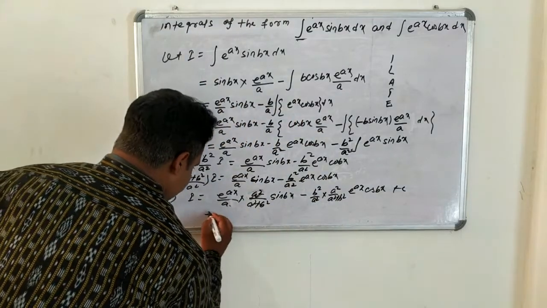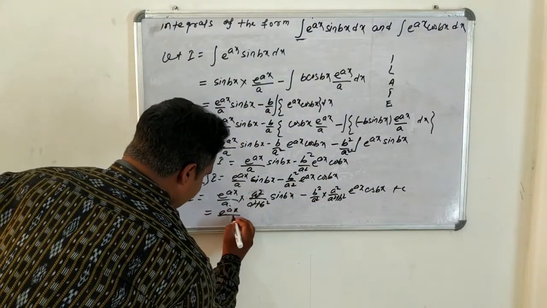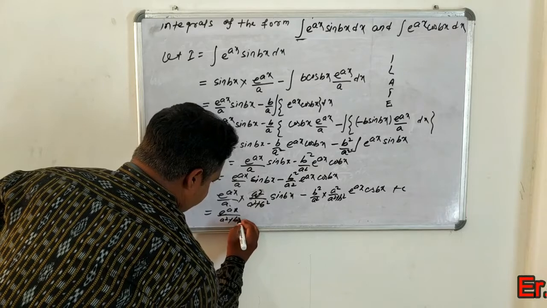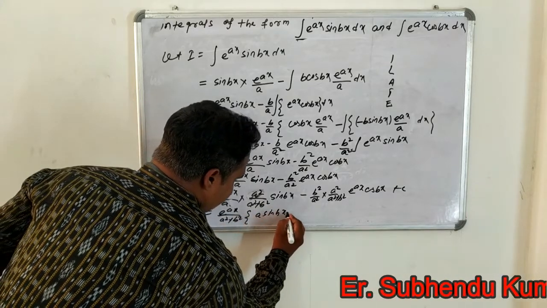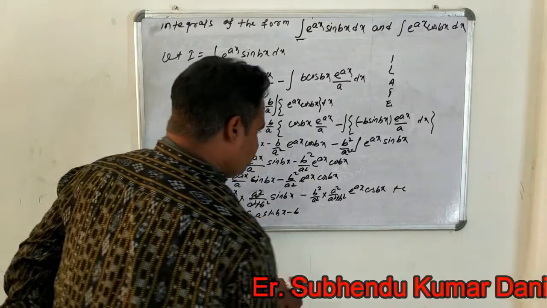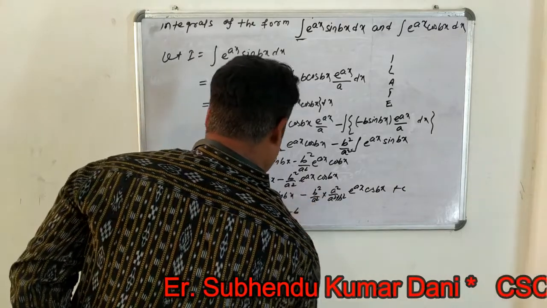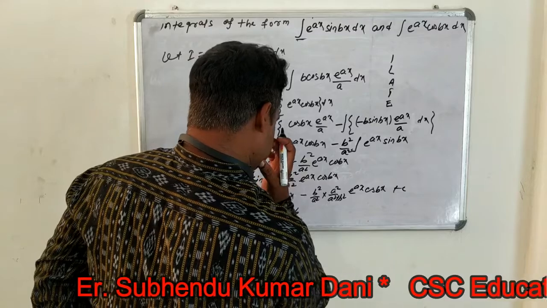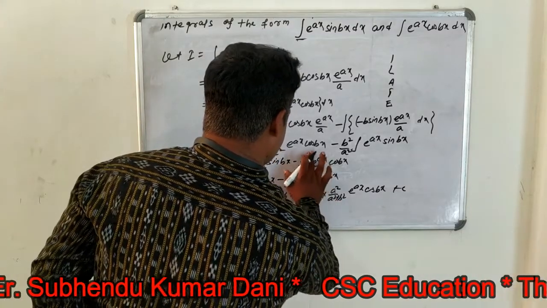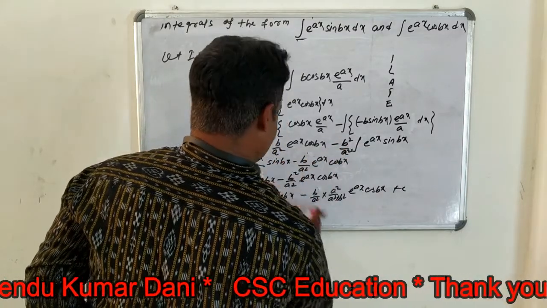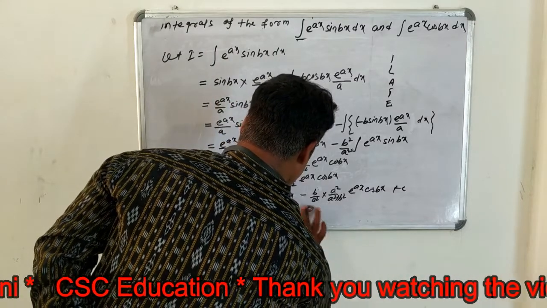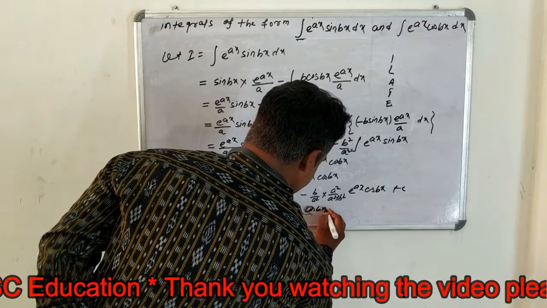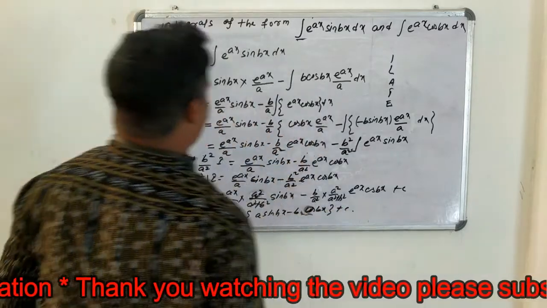Now cancel, and e to power ax by (a square plus p square) is the common factor. The value is a sin px minus p cos px, plus c, that is the result.